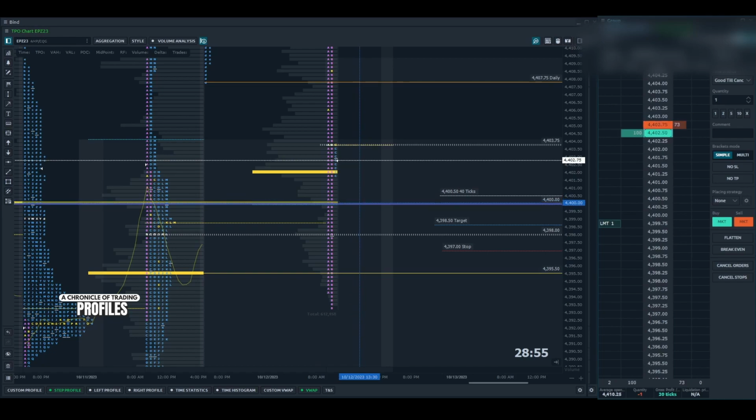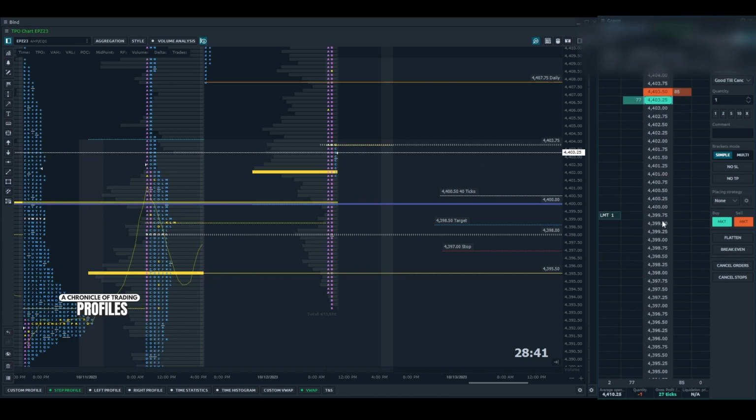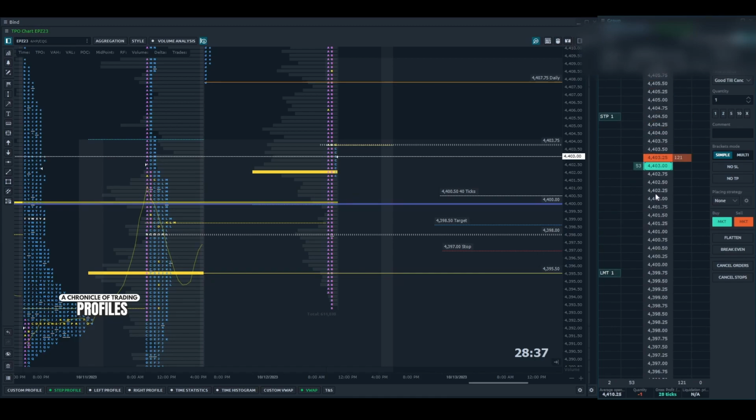You can see how much it's struggling here. That first contract was about 23, 24 ticks.